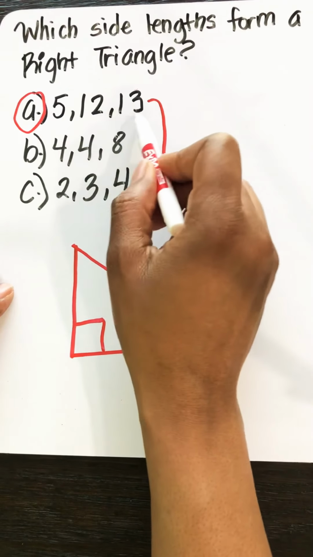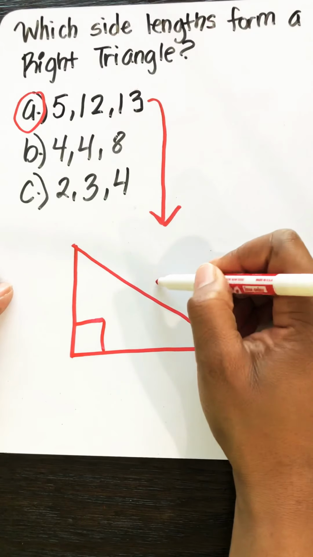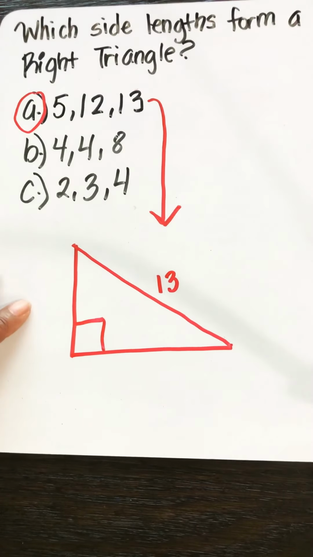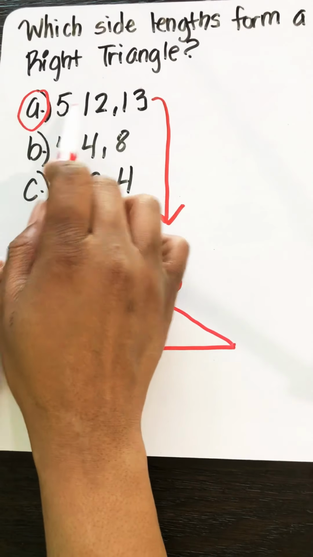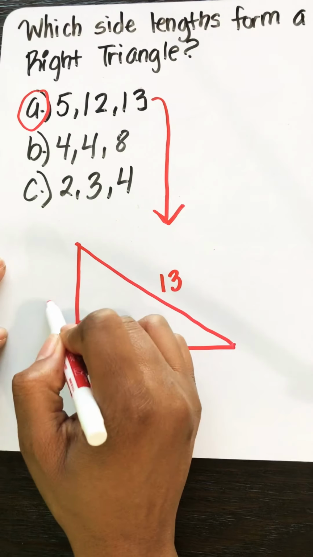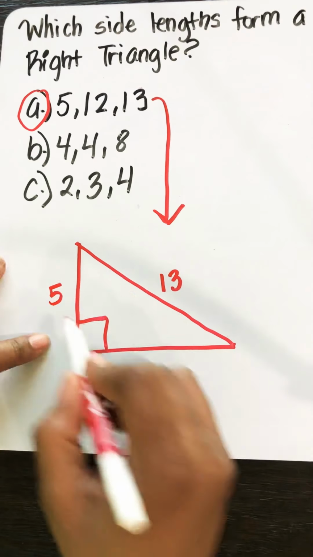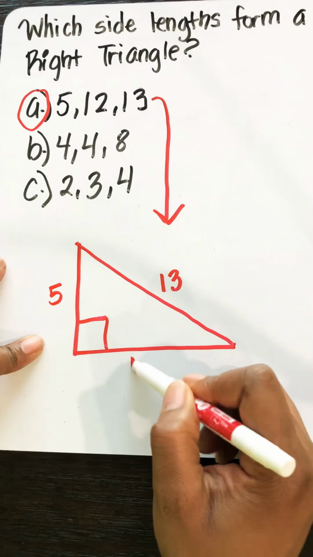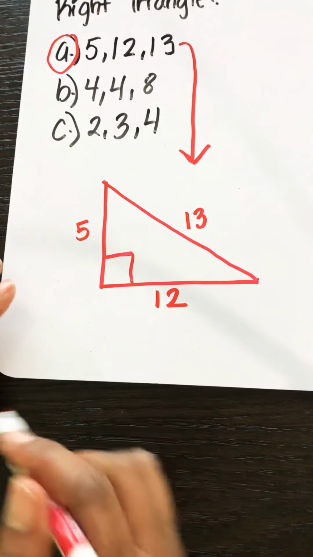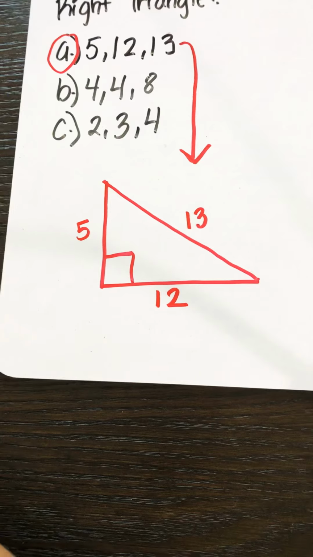Well, remember that our hypotenuse is our longest side, so 13 would be our hypotenuse because that is the biggest number. That leaves our other two numbers, 5 and 12, as the lengths of our legs. And again, it doesn't matter which one, but I'm just going to make the shorter one 5 and the longer one 12. Okay, so now we have labeled the sides of our right triangle.